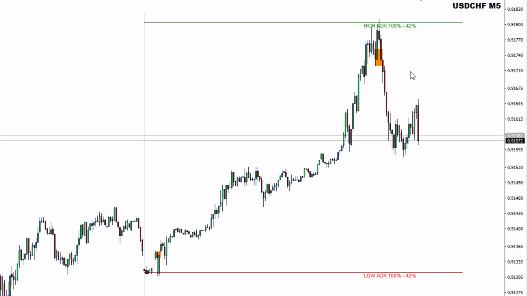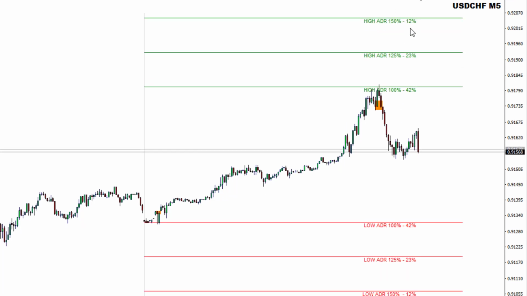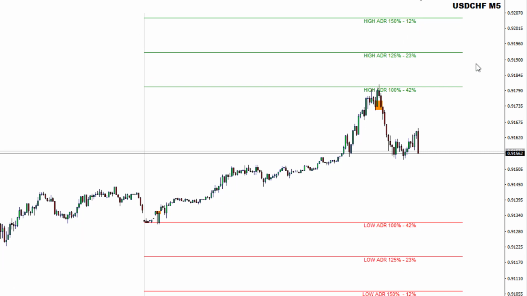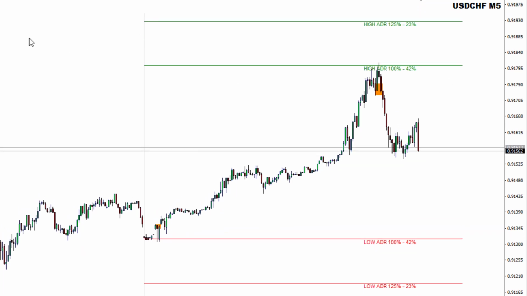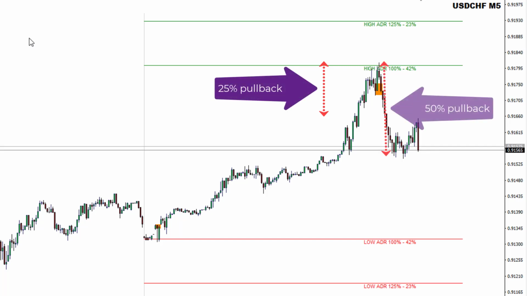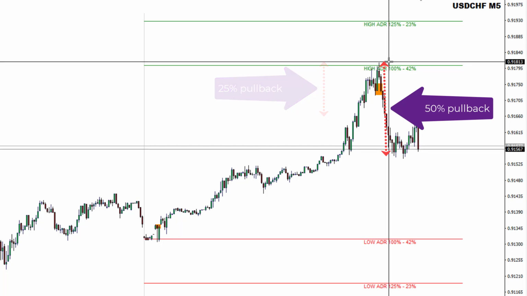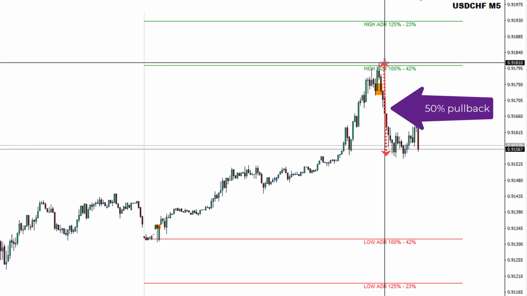And the idea of it is that when we get our market reversal alert, once price has hit ADR or is extended above ADR, we're looking for usually somewhere between a 25 to a 50% pullback from wherever price has actually got to today. So in this case, where we are here at this level, we'd be looking at somewhere around a 25 pip pullback.